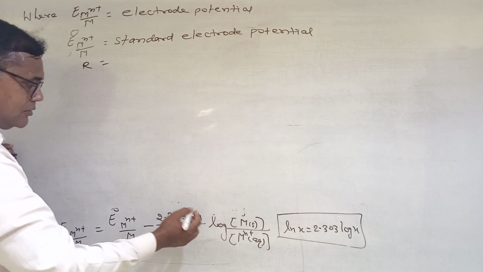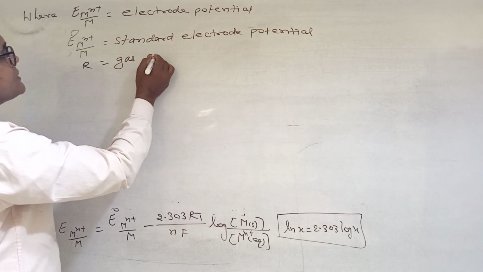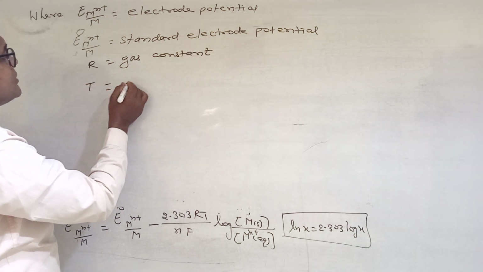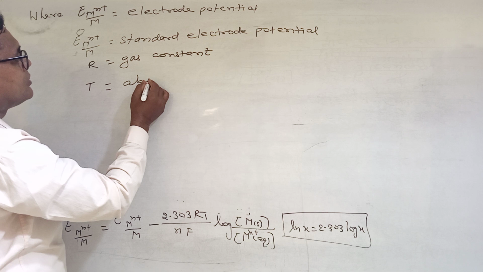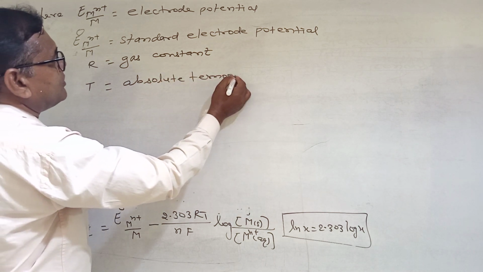R is equal to gas constant, T is equal to absolute temperature.